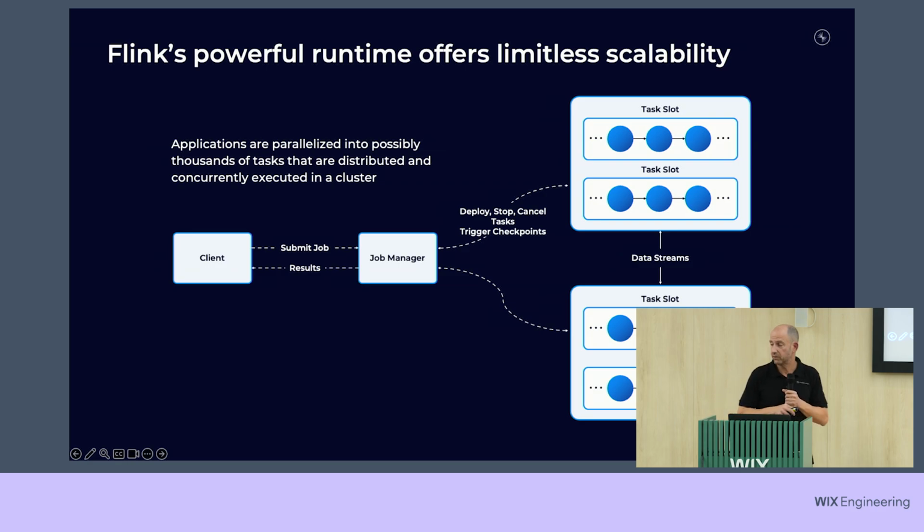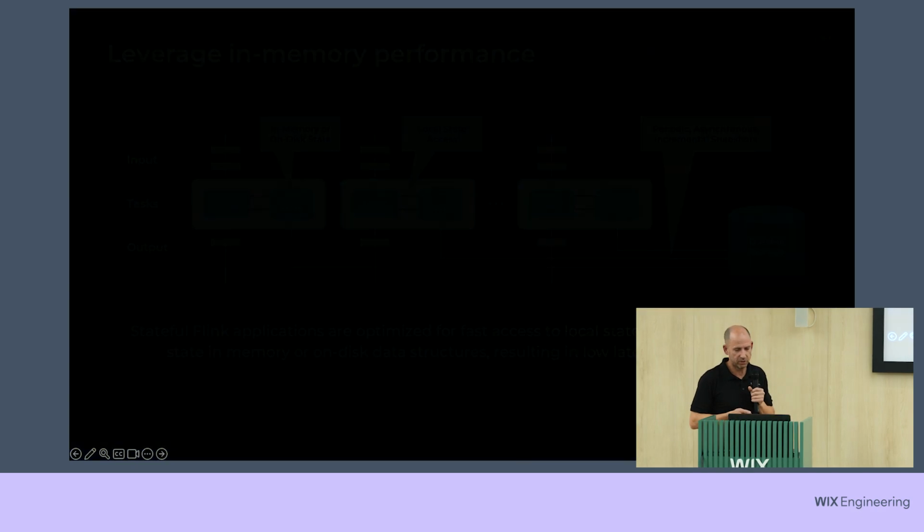We have the task managers, which are the worker nodes in the Flink cluster, responsible for executing the tasks and doing the actual work. And each task manager has multiple task slots, each capable of running a partial instance of the task. And finally, these results are aggregated and go back to the client. These are the results that are coming back to the client after the job is done.